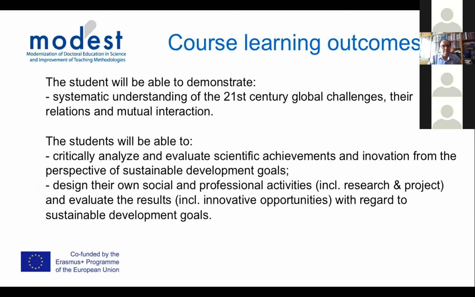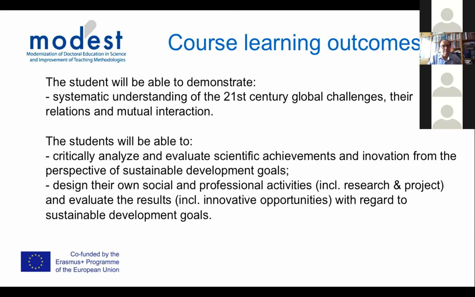In order to formulate the learning outcomes, we use the European Qualification Framework and the Dublin descriptors. PhD level is the level of analyzing, critical evaluation, research, and knowledge production, as well as innovation. So after this course, as we can see on this slide, the student will be able to demonstrate systematic understanding of the 21st century global challenges, their relations and mutual interaction.